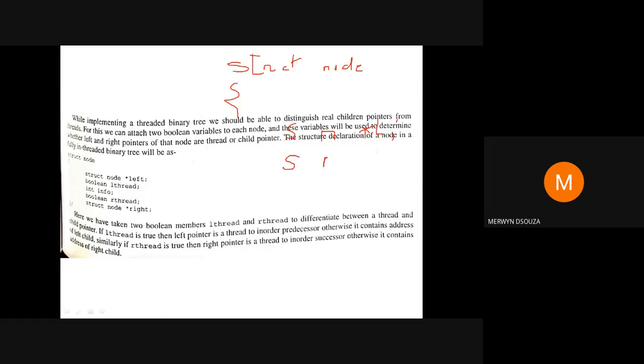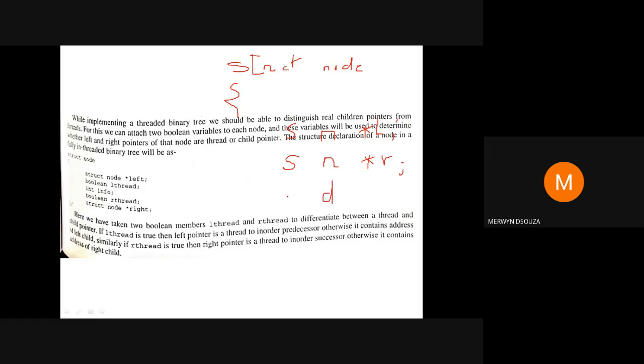So basically, when we are going to implement a threaded binary tree, we need to alter the structure of the node. If you remember the structure of the node, the code for it, we had something like this: struct node. I'm not writing the entire thing, but we had a struct node pointer for the left side, then a struct node pointer to the right side, and then we had some data.